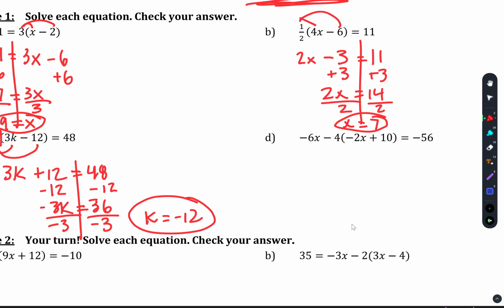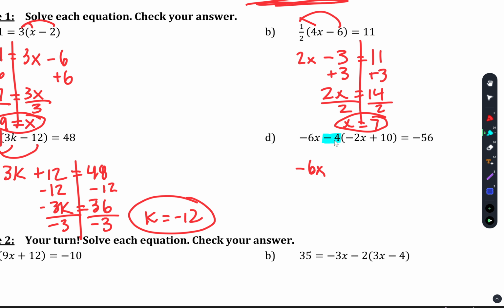Letter D might get a little bit trickier, but hopefully not too bad. Our very first step, before we can do anything else here, we have to distribute. I can drop anything else down. So I'm going to drop that negative 6x down. One thing I do want to point out here is that I'm not just distributing a 4, I'm distributing negative 4.